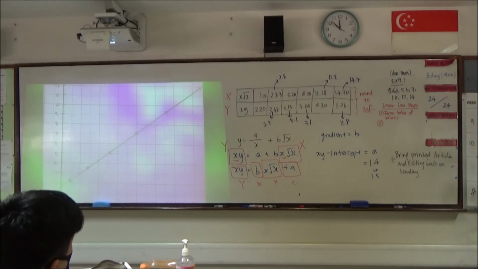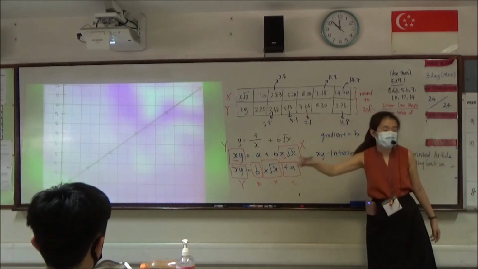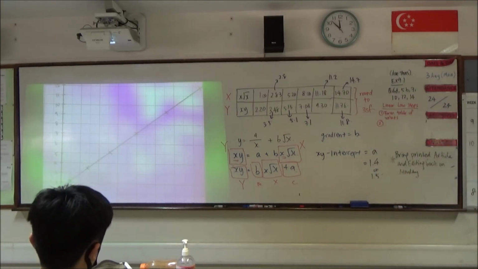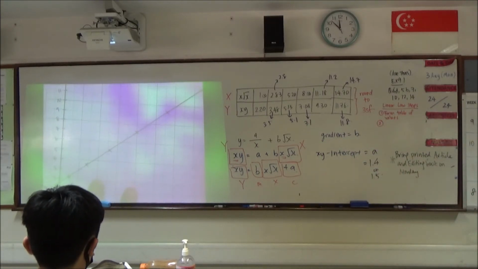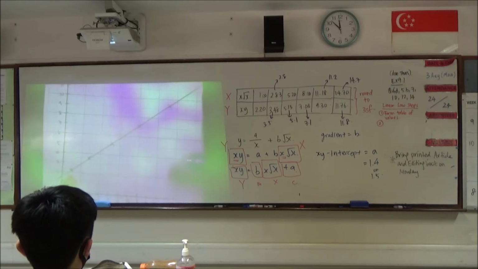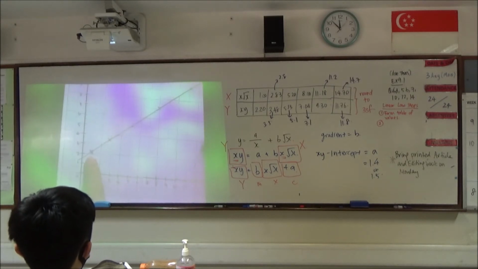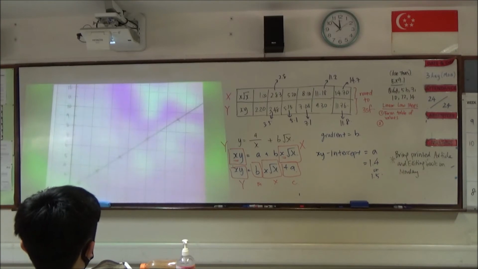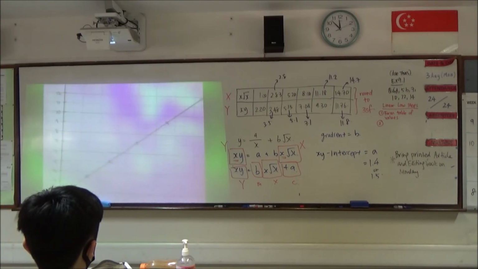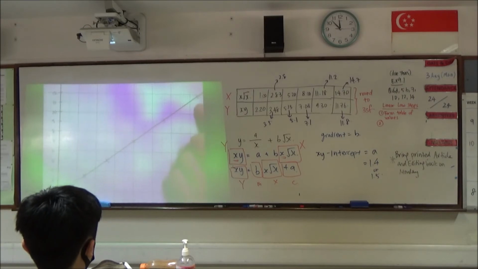Then for B, the gradient itself, please do not use the plotted points to find the gradient. You should not take this point's coordinates and that point's coordinates and then find the gradient. The reason is that it is not all the time that your straight line passes through the points.